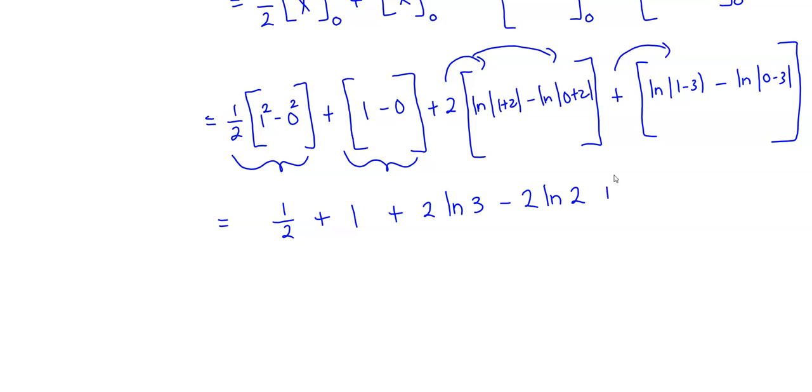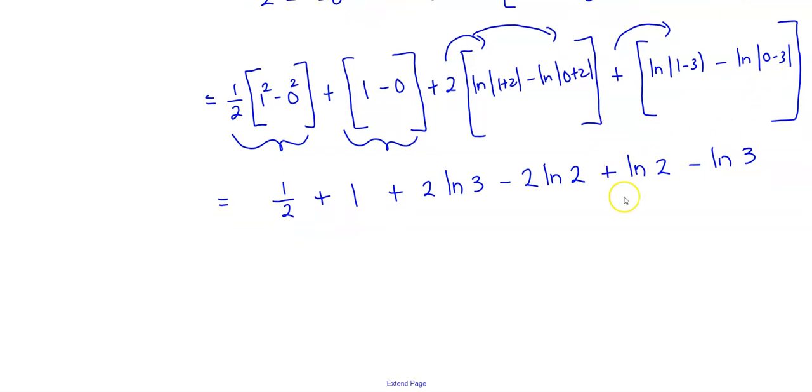Over here, this is plus the natural log of 1 minus 2 is negative 2, but the absolute value of negative 2 is 2. And then minus the natural log of 0 minus 3 is negative 3, and the absolute value of negative 3 is 3.